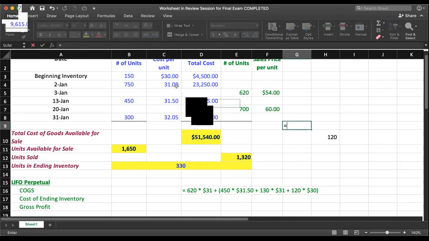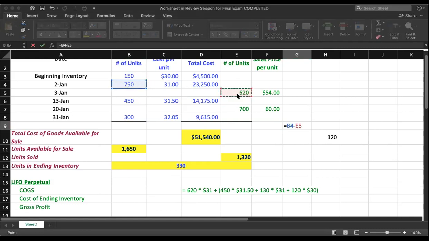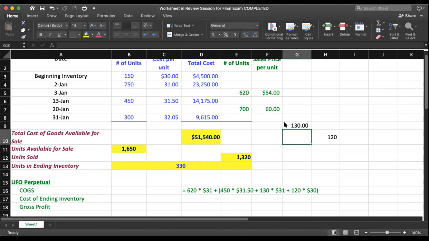I'm going to say 750 minus 620. And so that gives us 130 units that are left over at the $31 price. So of the 700, now 130 are at $31.